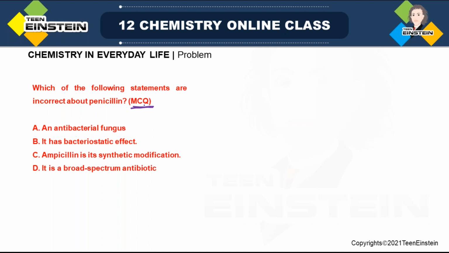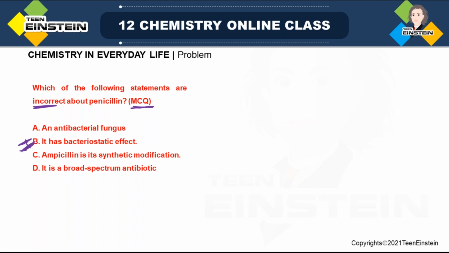Then it is mentioned it has a bacteriostatic effect. But remember, penicillin is basically an example that falls under bactericidal. So it cannot be bacteriostatic. This is not a correct option, and we have to find the incorrect option. So this is incorrect. I'm writing I here.